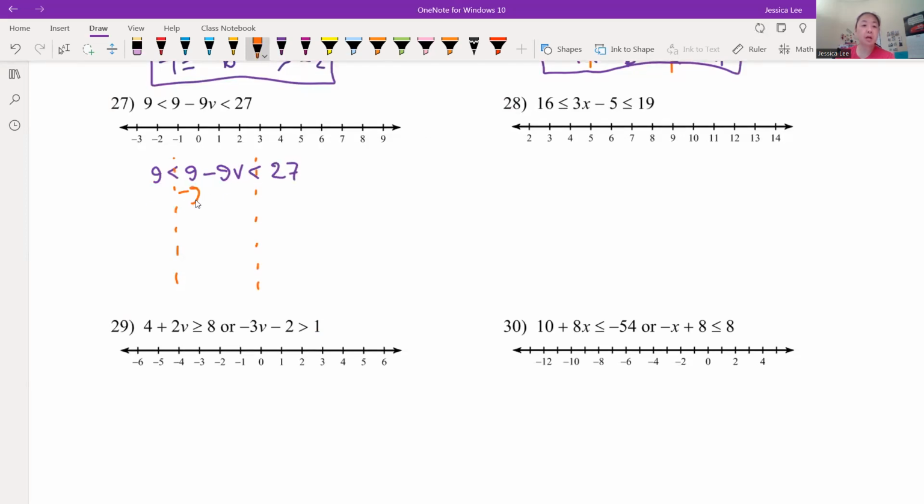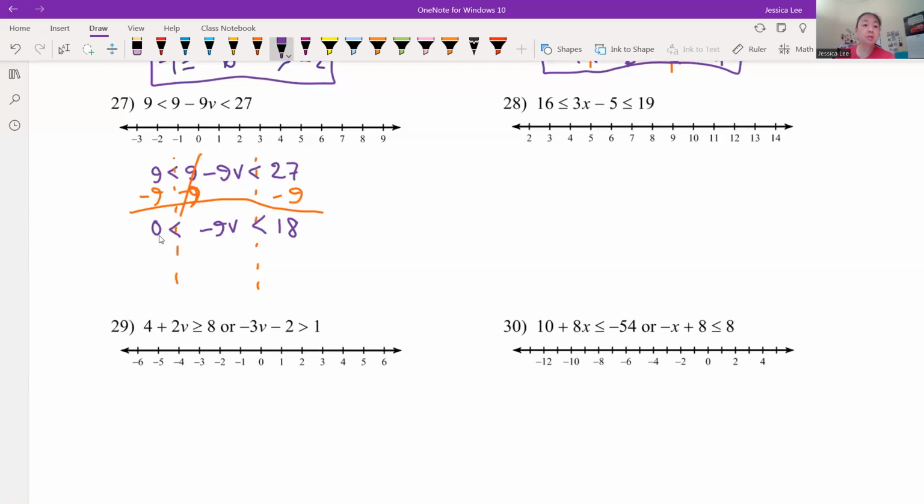We're going to subtract 9 because we have a positive 9 here that we need to get rid of. These are just 2-step equations, peoples. And what do we have? 9 minus 9 is 0, is less than -9v, which is less than 18.